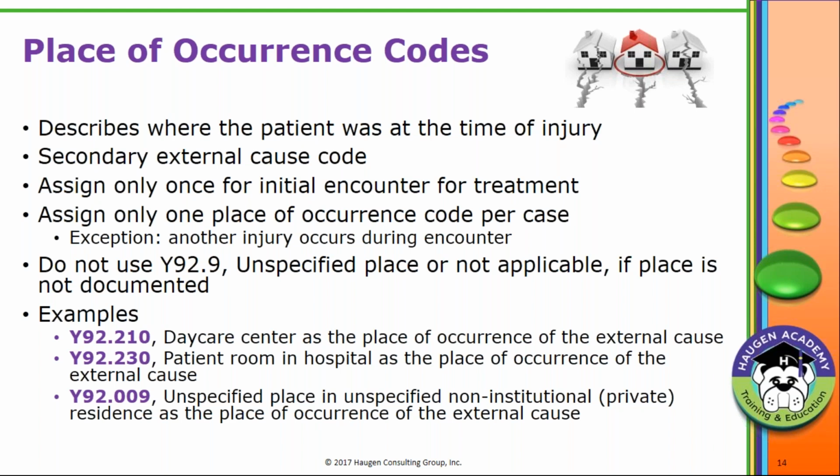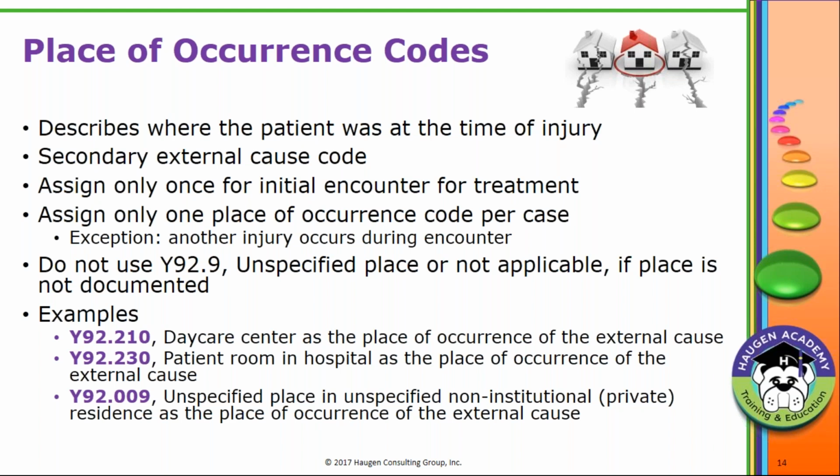I will tell you that in the past, I've worked for facilities that did want to code this code because they wanted to make sure that it was really a documentation issue and not a coding issue. But that's very facility driven, and just know that there is a coding guideline that tells you where not to assign the unspecified place if it's not documented.